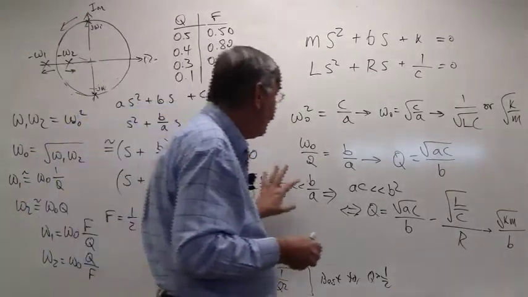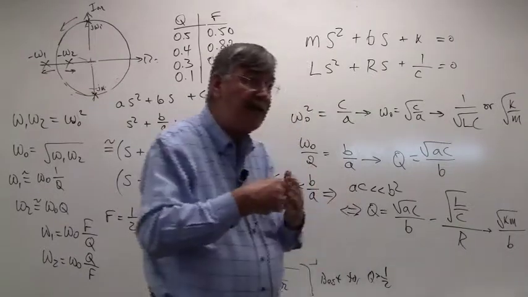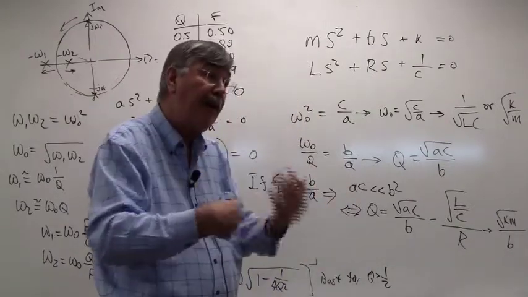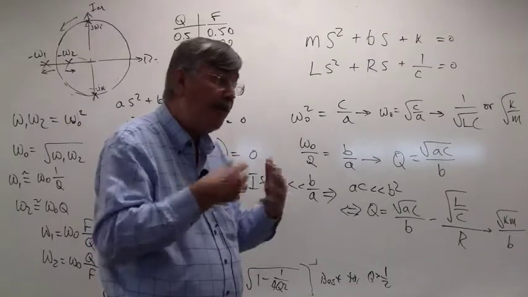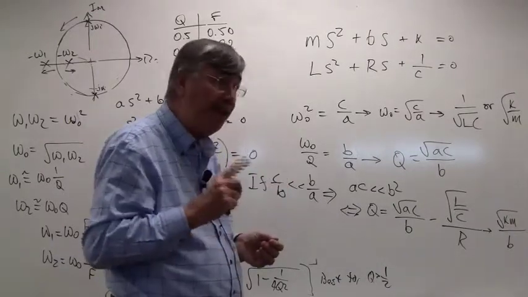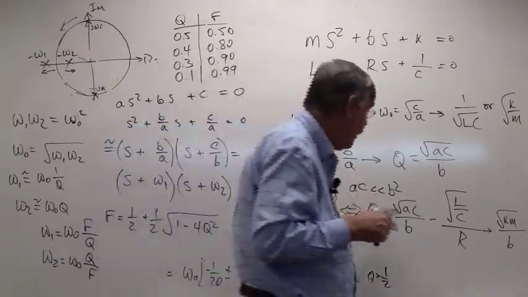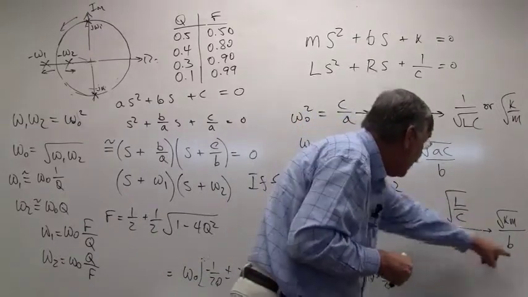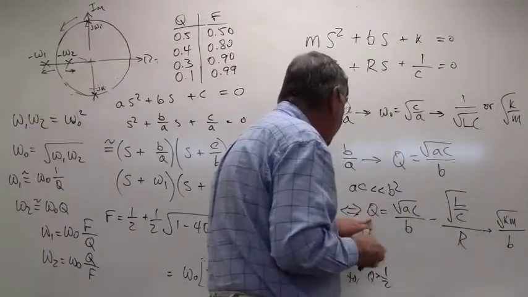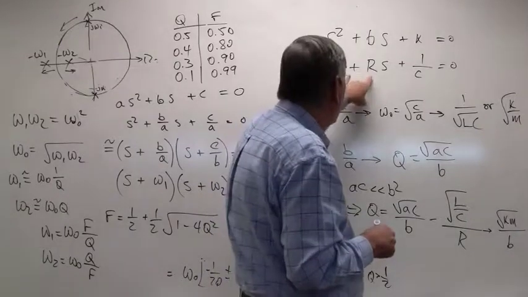What is Q? Q, as we've talked about, has something to do with how fast, if they're complex conjugate poles, roots, how fast does the energy come out of the system? Let's look at this here. These things in the denominator show us the dimensionality of the middle coefficient.